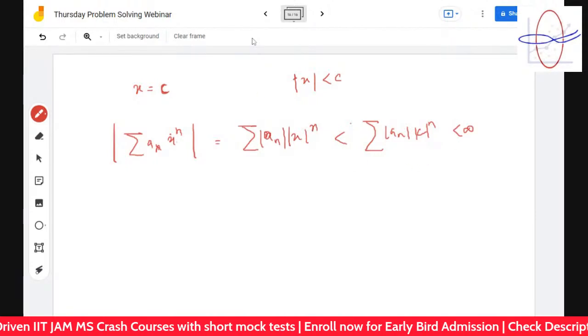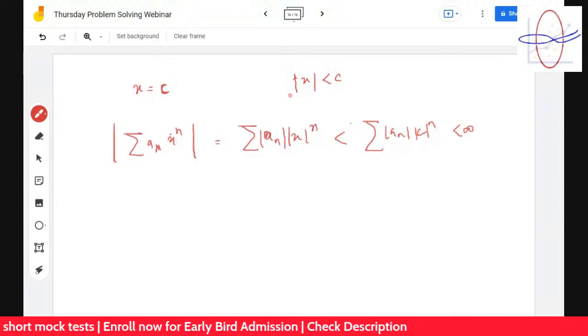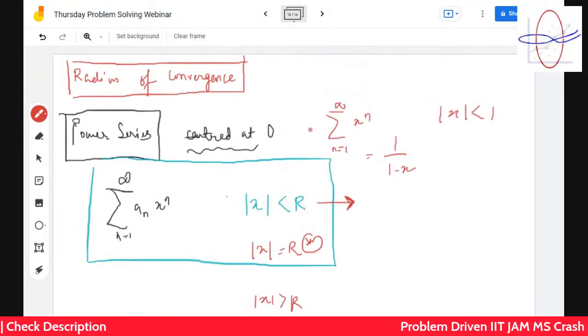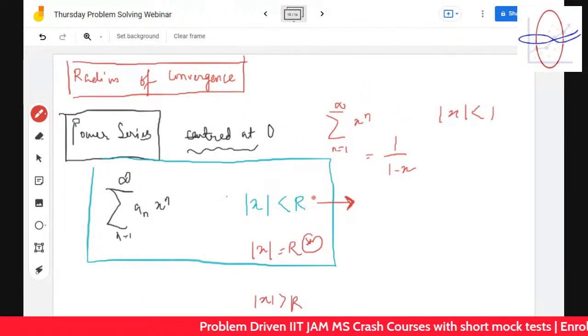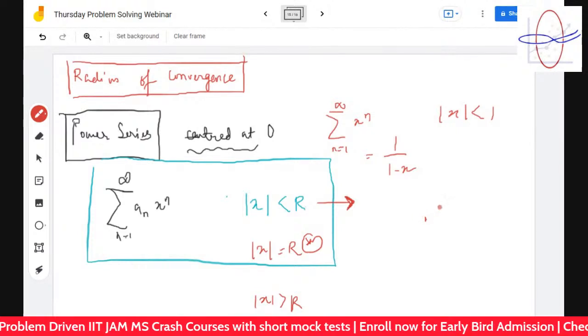So if there is a point where it converges, then it must converge for all the points inside. Therefore the convergence region must be of this format. There must be a point till which it converges, and at which it will not converge.